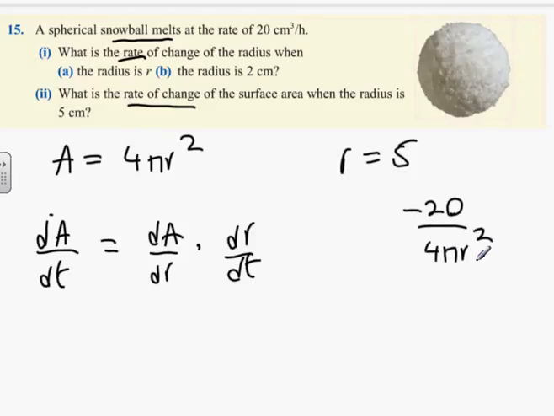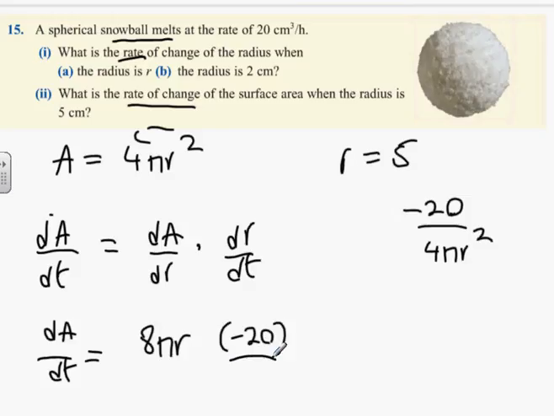Remember we got it from the volume in the first question? So dA/dr, differentiate that. Anybody? 8 pi r. Differentiate 4 pi r squared and you get 8 pi r. And dr/dt being our minus 20 over 4 pi r squared.